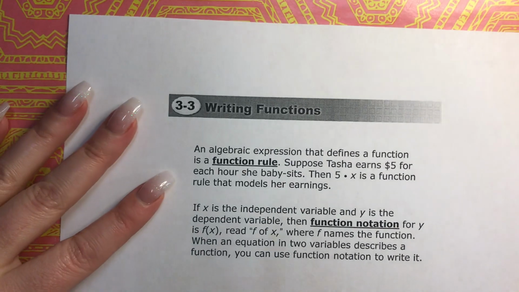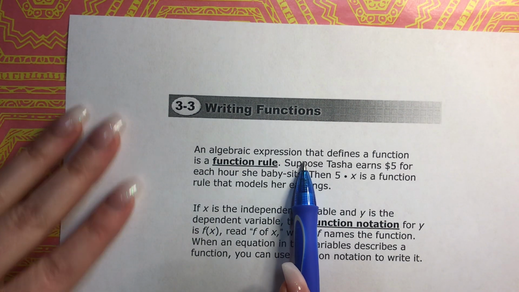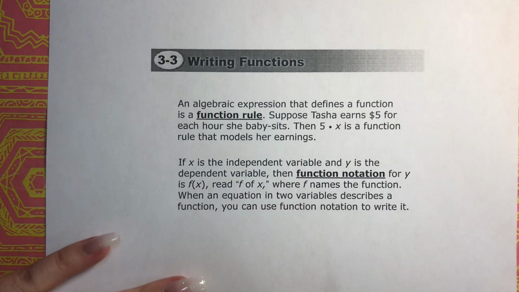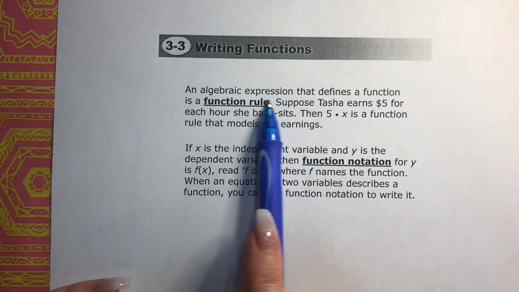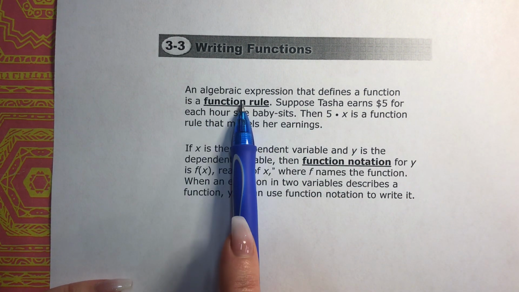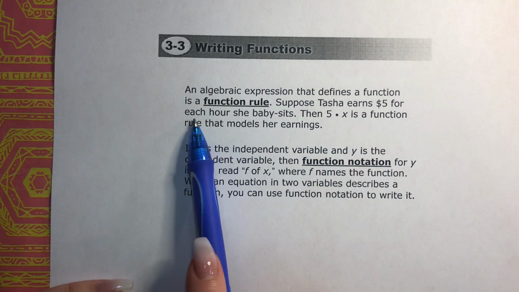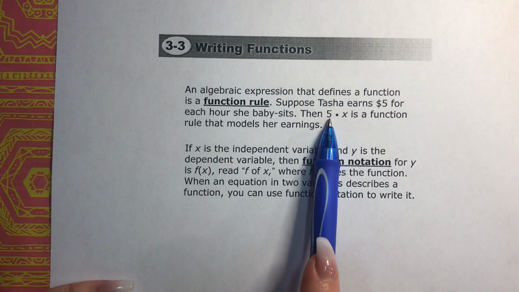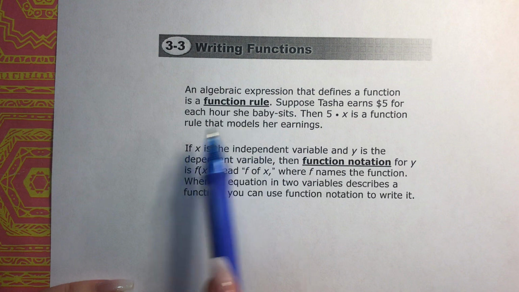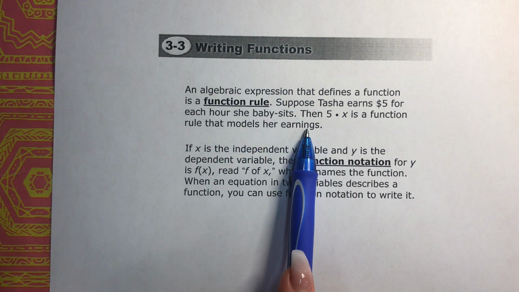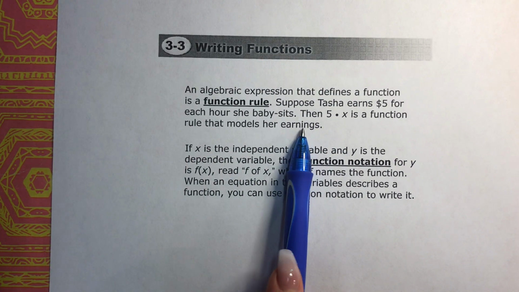So yeah, let's go ahead. It says an algebraic expression. Whoops, let me get this centered. Sorry about that. An algebraic expression that defines a function is called a function rule. Suppose Tasha earns $5 for each hour she babysits. Then 5 times x is a function rule that models how much money she makes, or her earnings.